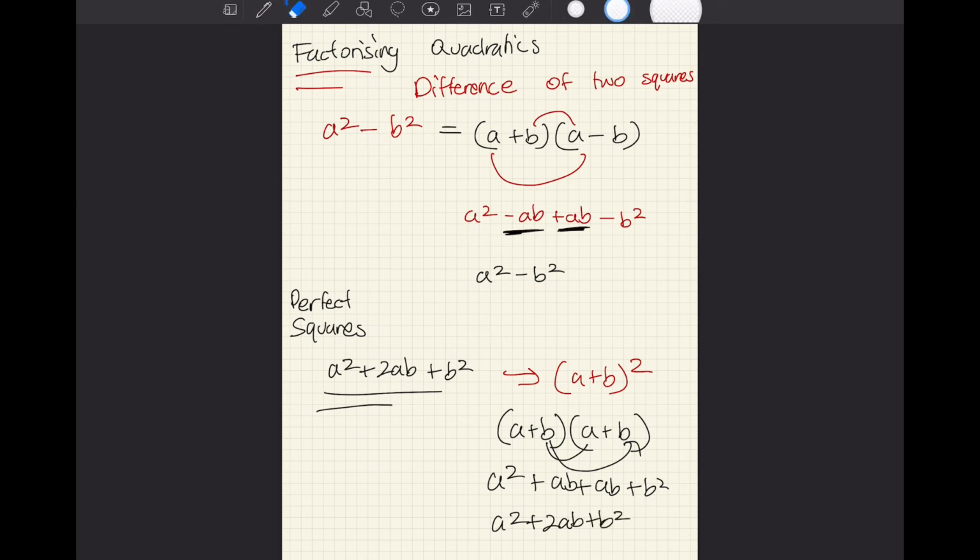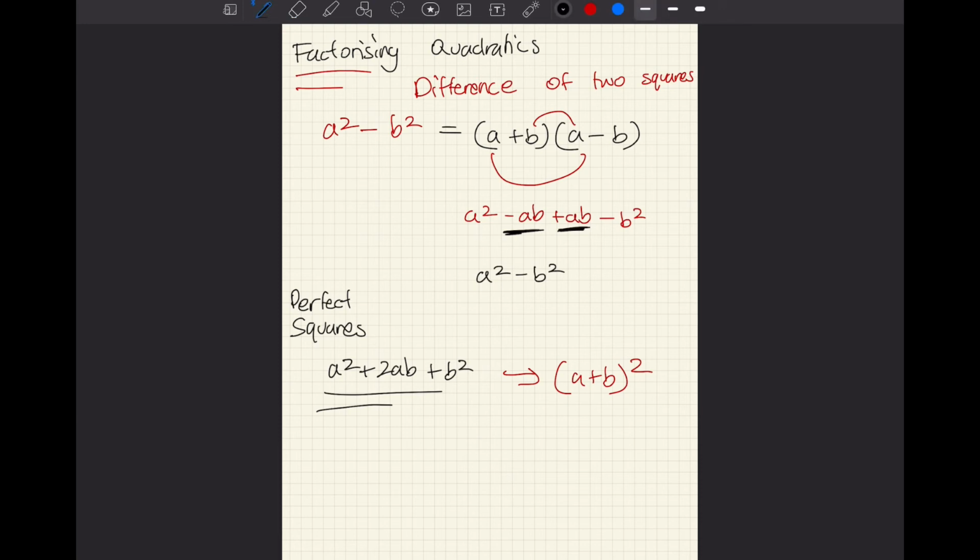Great. So we know about the positive perfect square, but what about our negative perfect square? That is going to be the reverse, so a squared minus 2ab plus b squared. That's going to give us a minus b squared. We can test this, of course, because that is a minus b, a minus b.